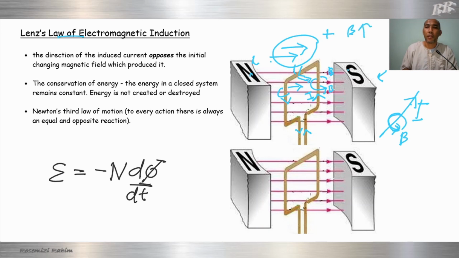When the magnetic field increases, we know that Faraday's law says a magnetic field produces current. So this magnetic field will produce another, second induced current.